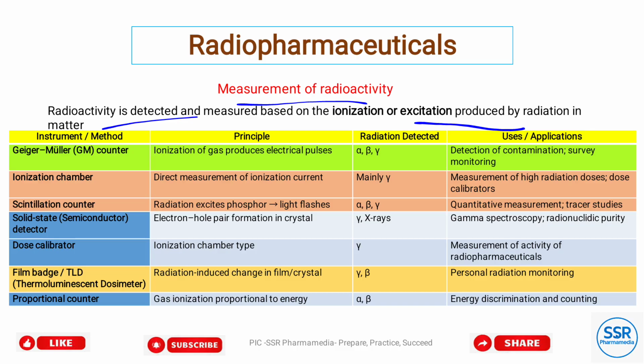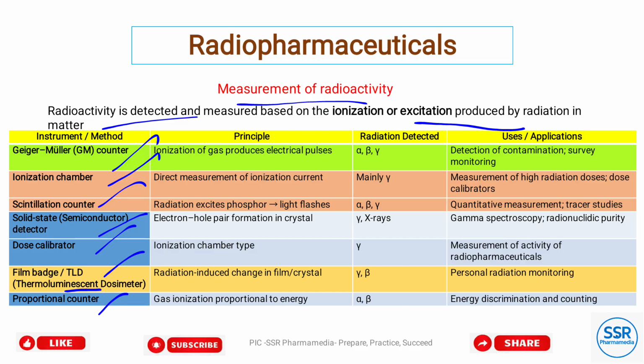According to that, there are several methods: the Geiger-Muller counter method, ionization chamber method, scintillation counter method, solid state detector, dose calibrator, film badge detector, thermoluminescent dosimeter, and proportional counter. So these are all the methods used to measure radioactivity.